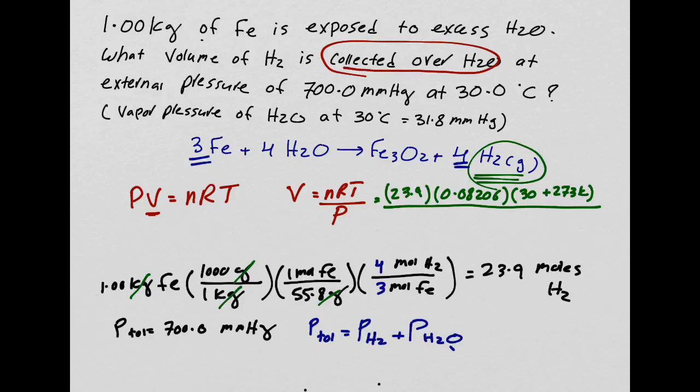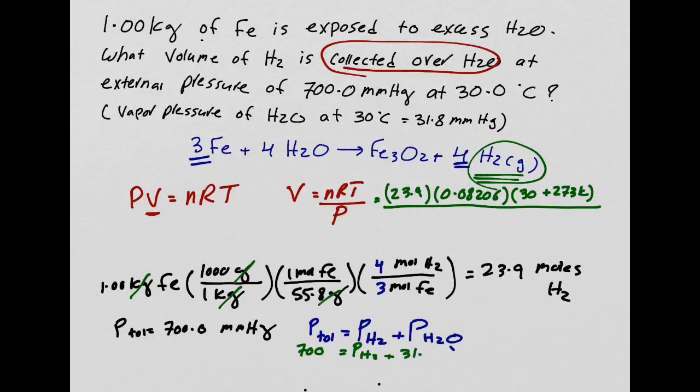Now, my total pressure is 700 millimeters of mercury. I want to figure out what my H2 pressure is, because PVNRT here is for H2 gas. Now, they tell you that at 30 degrees Celsius, the vapor pressure of water is 31.8 millimeters of mercury. So we can easily subtract out the water vapor that is in there.